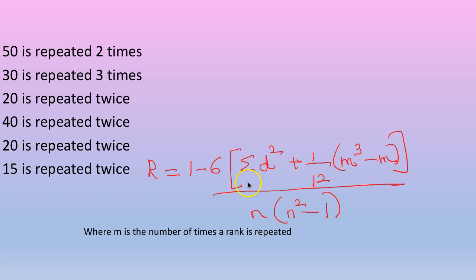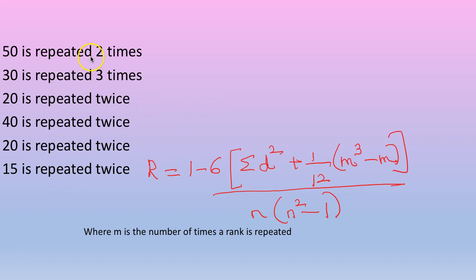Now this is a formula. When a rank is repeated, R equal to 1 minus 6 summation D squared plus 1 by 12 into M cubed minus M by N into N squared minus 1, where M is the number of times a rank is repeated. Now 50 is repeated 2 times, 30 thrice, 20 twice, 40 twice, again 20 twice and 15 twice.